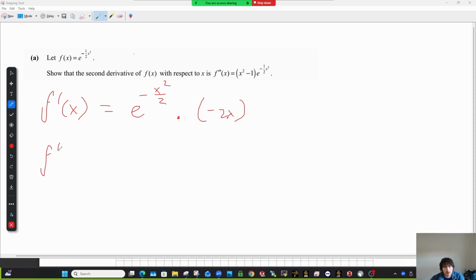Now the annoying thing is here, to get another derivative of this, you have to use the product rule. So u equals e to the minus x squared over 2. v equals minus 2x. du dx equals, stays the exact same. And then you just multiply by a minus 2x like we did before. Actually, no, it's not. Where am I getting this minus 2x from?